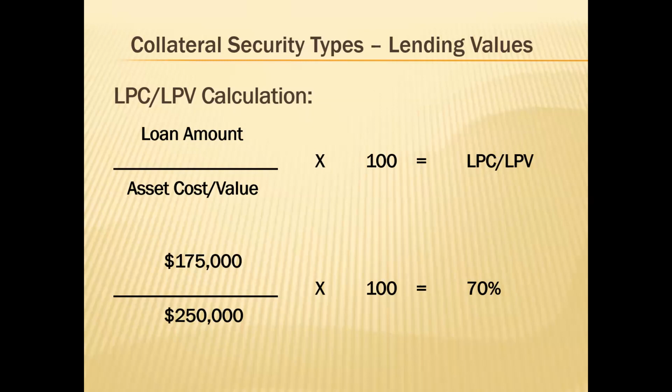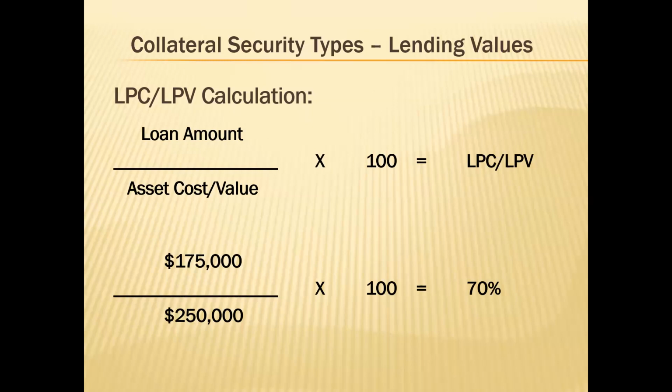In our example, we have a Mr. Bethel. He owns a duplex that is valued at $250,000, and he's taken out a mortgage loan against it in the amount of $175,000.